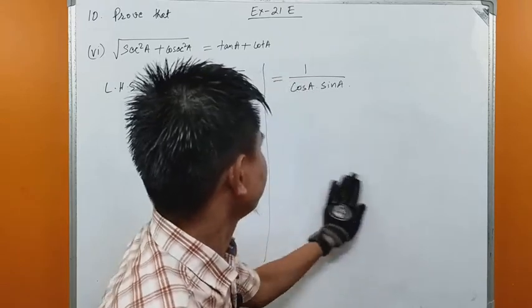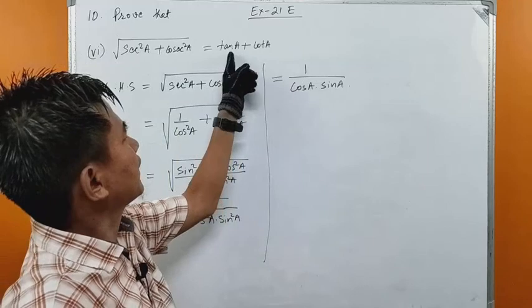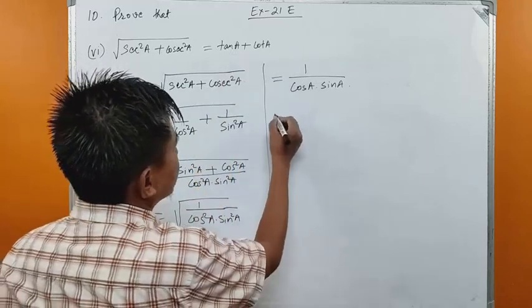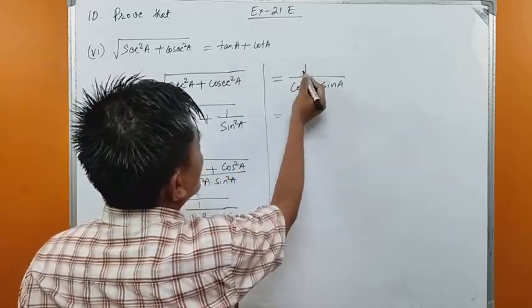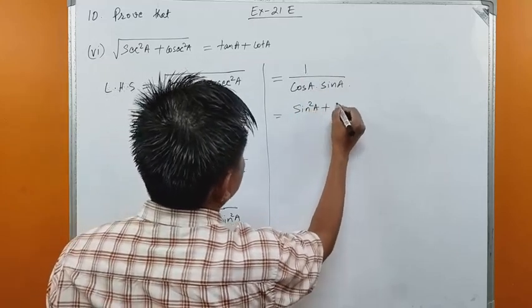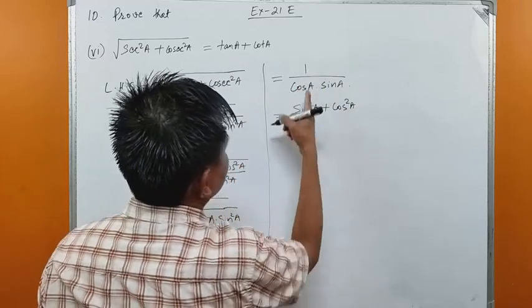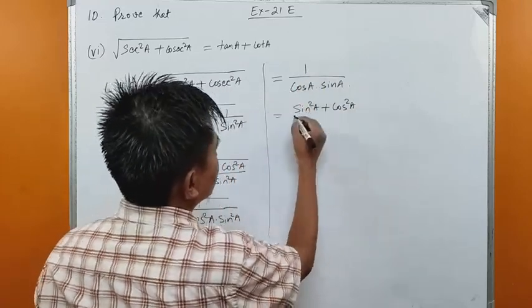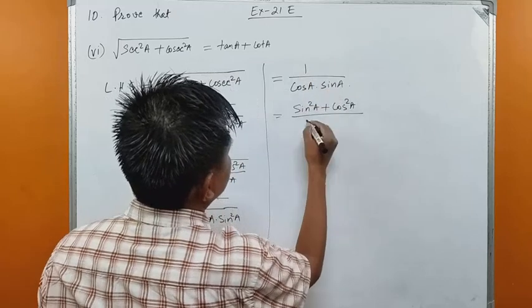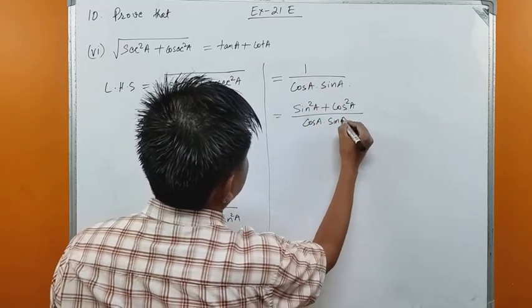I hope you got this. Now we have 1 upon cos A sin A, but we need tan A plus cot A, isn't it? So let us put the formula again. 1 means sin square A plus cos square A. So 1 can be written as sin square A plus cos square A upon cos A into sin A, isn't it?